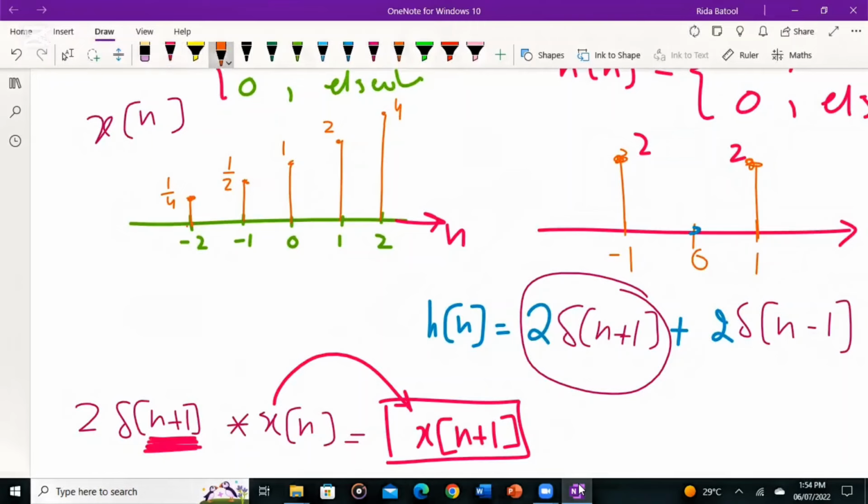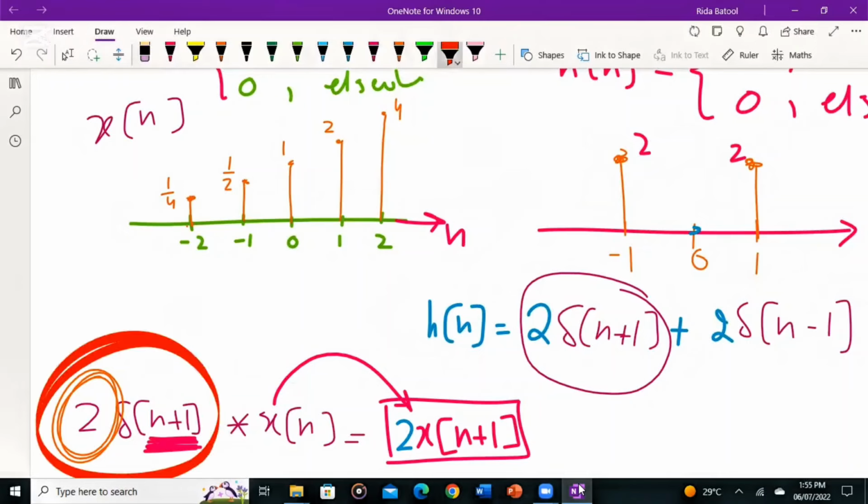Now, there is a scaling factor as well, a scaling factor of 2. This input x of n will be shifted as well as scaled by 2. Why? Because the impulse with which it is being convolved is shifted as well as scaled by 2.